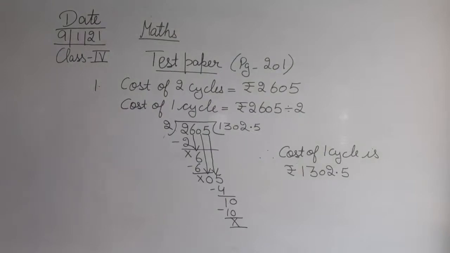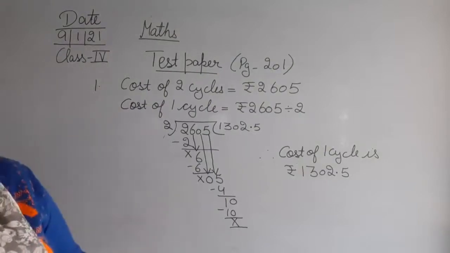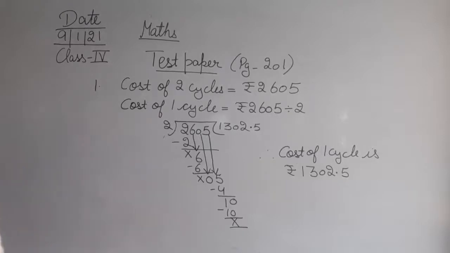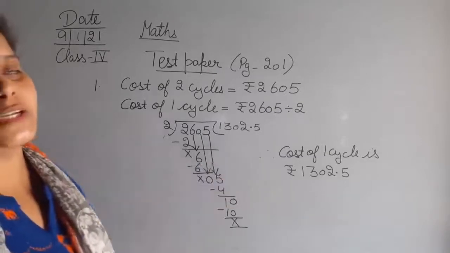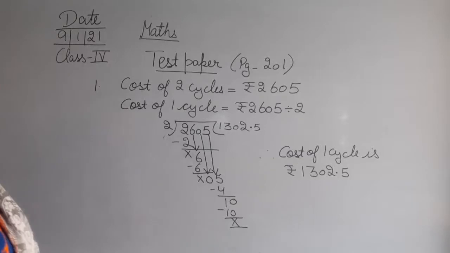Okay, so देखिए क्वेश्चन में क्या था? The cost of 2 cycles was given and we have to find the cost of one cycle, and that we have calculated by dividing the total cost of 2 cycles with 2. And the answer that we got after doing the division is rupees 1302 and 50 paise.